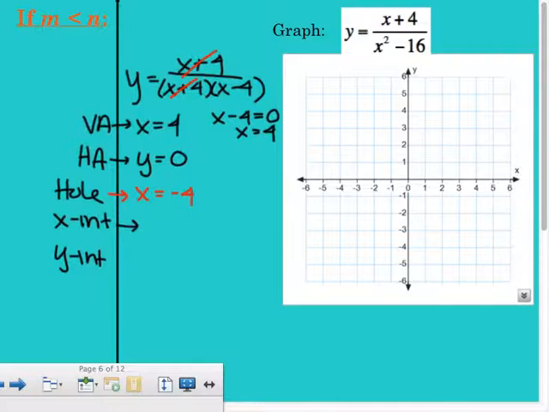Your x-intercept, you would take the numerator and set it equal to 0, but then you get -4, and that's a hole. So you don't have an x-intercept. Your y-intercept, plug 0 in for x, so you get 4 over -16, which reduces to -1/4.